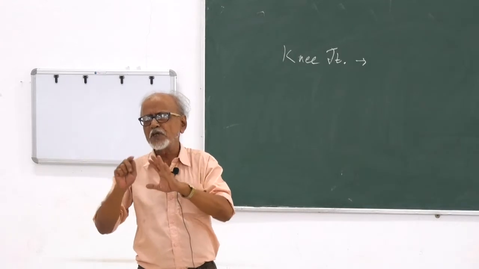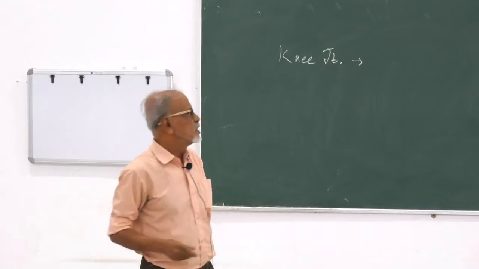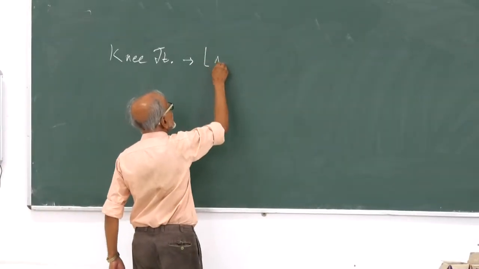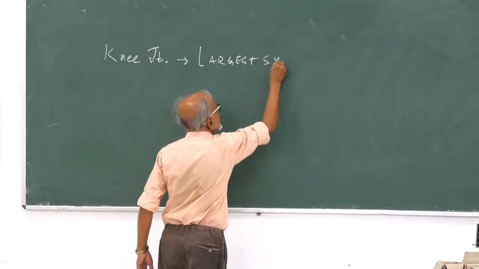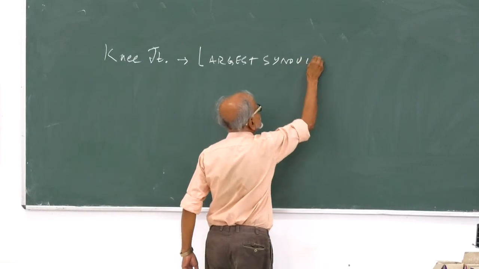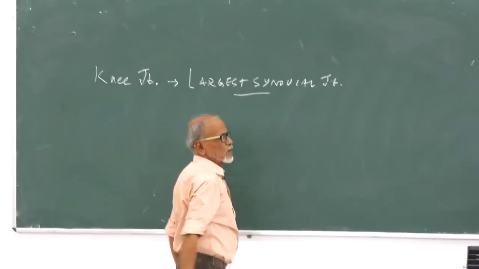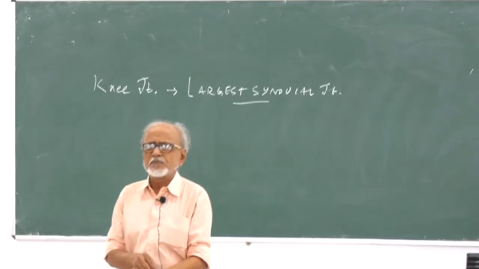Therefore, it is structurally very complex. So the first and foremost thing that you have to remember is, it is the largest synovial joint. That is the most important thing. Structurally, it is very complex.